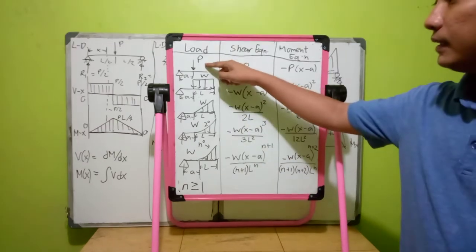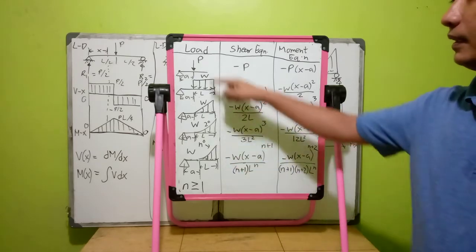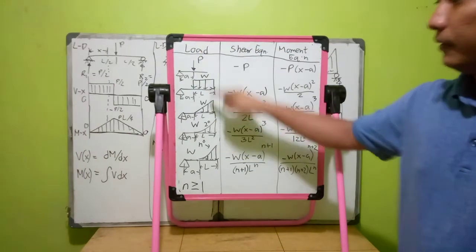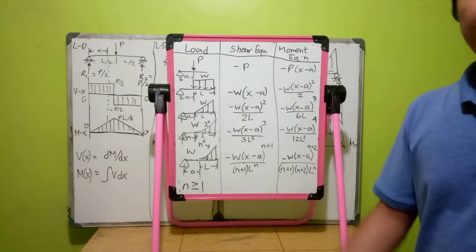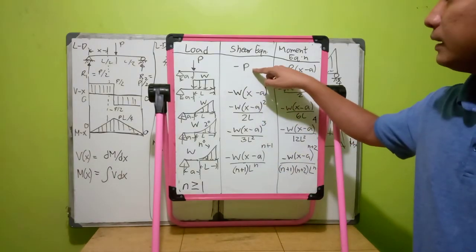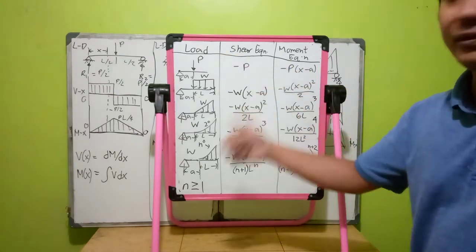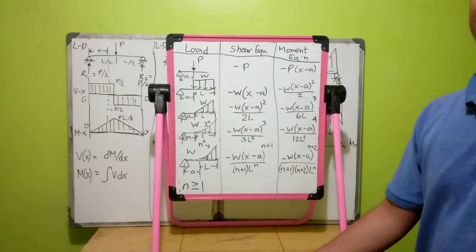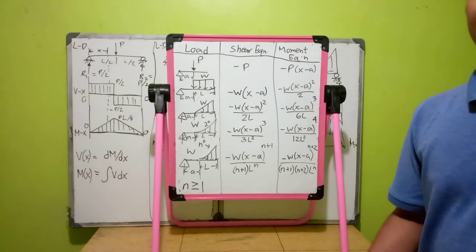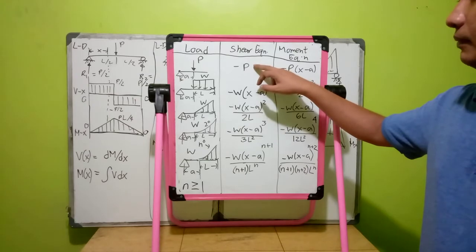So these loads, for example, if your beam has a point load and a distributed load, you can combine the shear equations for P and W if both exist in one beam. So these formulas can be superimposed.